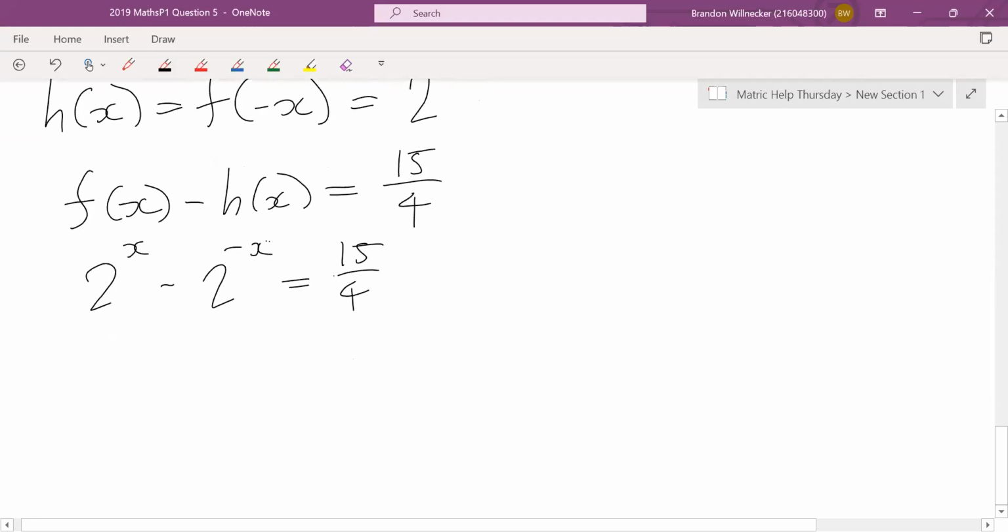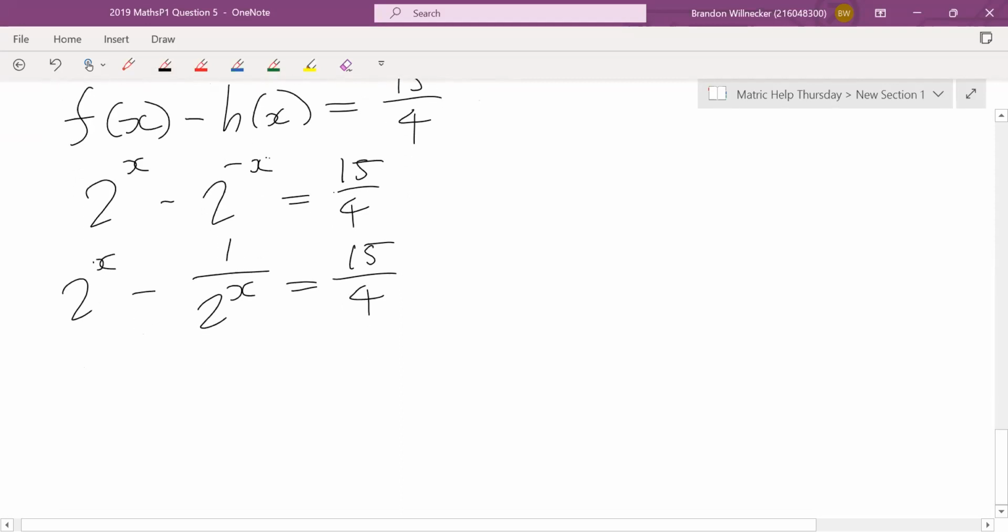So this looks a bit complicated. However, let's rewrite 2 to the minus x with positive exponent. So it's going to be 2 to the x minus 1/2 to the x is equal to 15/4.